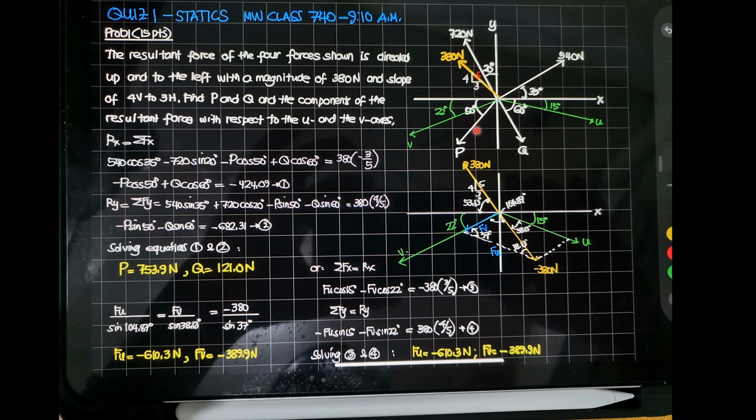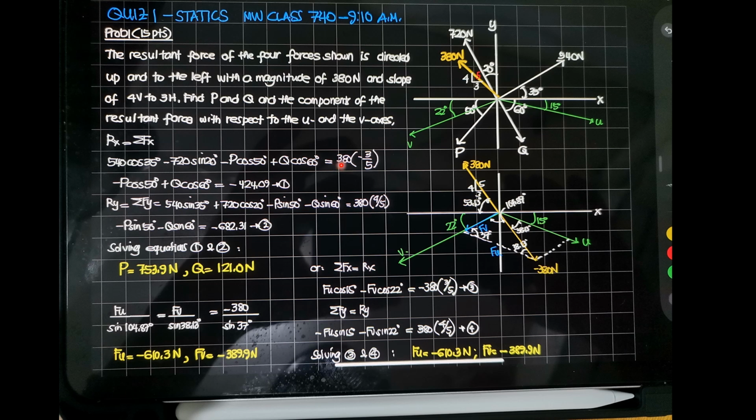Then the x component of P is directed down to the left, so it is negative: minus P cosine of 50 degrees. The x component of Q is positive, directed down to the right, and this rightward component is adjacent to 60 degrees, so it is positive Q cosine of 60 degrees.